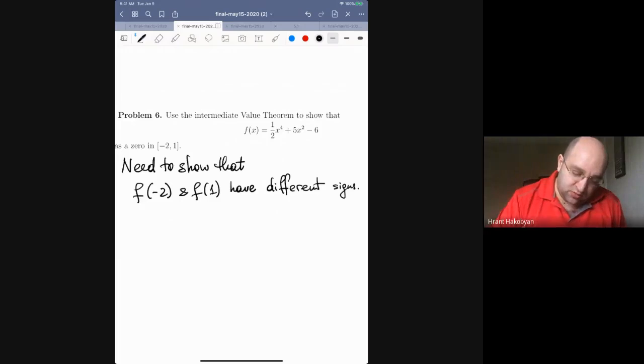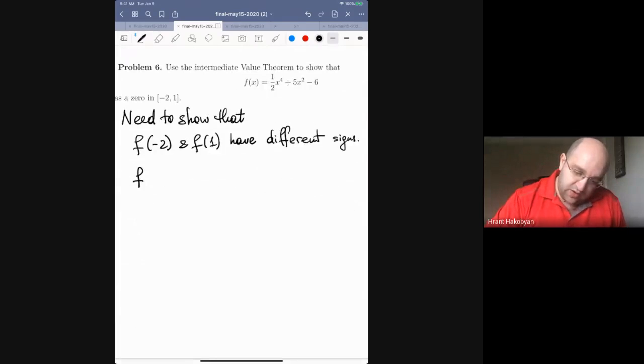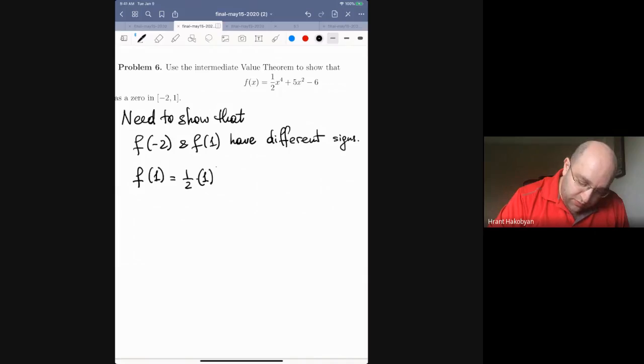So let's calculate that. So f of 1 in this example is equal to 1/2 times 1 to power 4 plus 5 times 1 to power 2 minus 6.